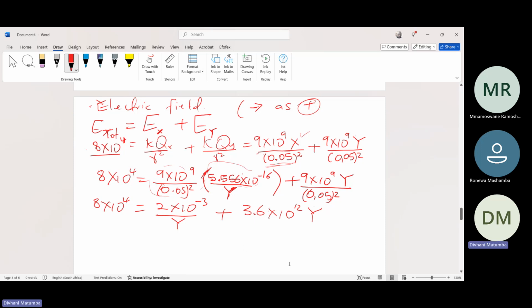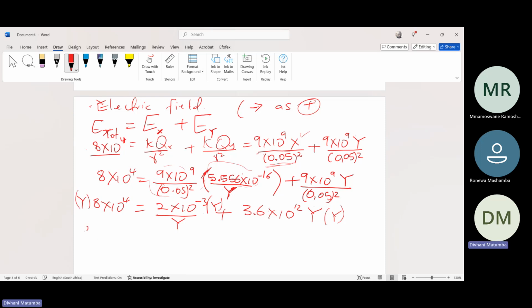So if I have this equation, in order for us to solve for y, I'm going to have to multiply by y on all the terms. Multiplying by y, multiplied by y.